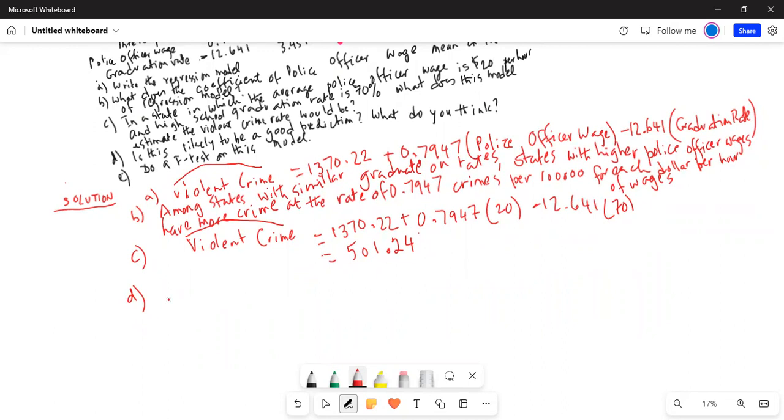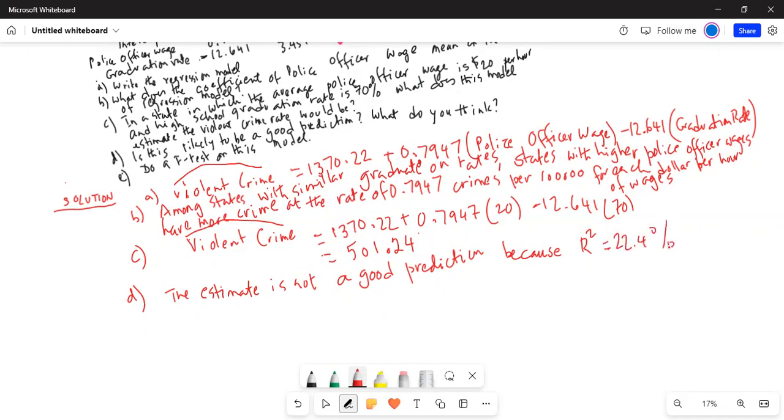I think the estimate is not a good prediction, because R square, the coefficient of determination, is only 22.4%.